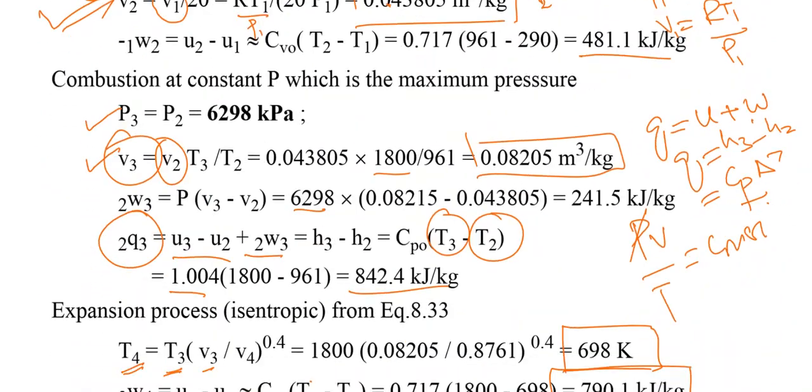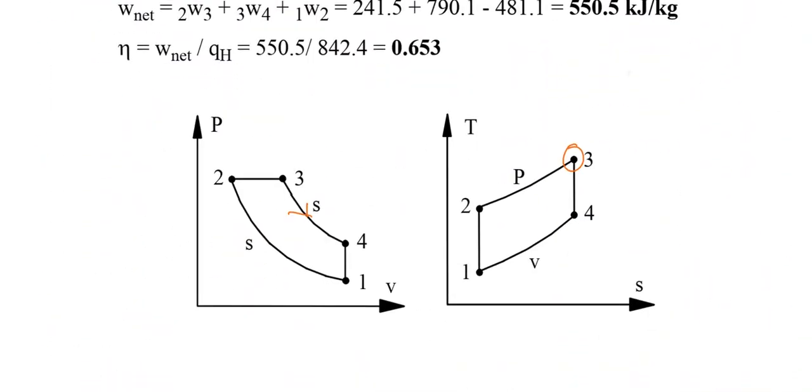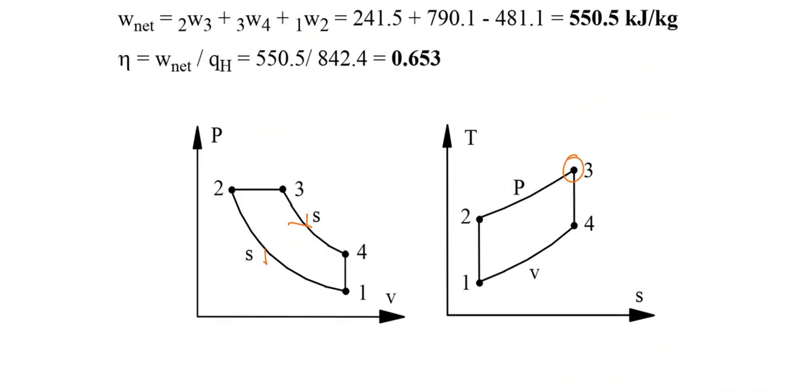Now, once we have got all the work done, the net specific work would be equal to the work done from 1 to 2, the adiabatic compression, the work done from 2 to 3, which was constant pressure work done, and the work done from 3 to 4, which was adiabatic expansion. We do not have any work done from 4 to 1 because the process is a constant volume process. The adiabatic expansion would be positive work, as the compression is the negative work.